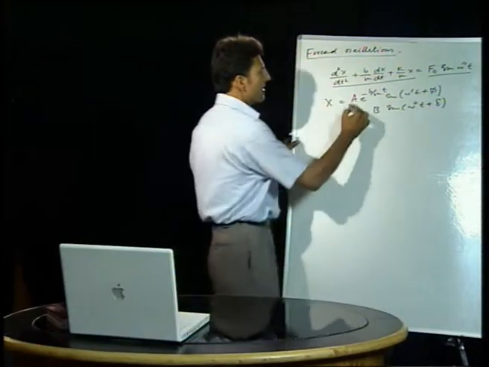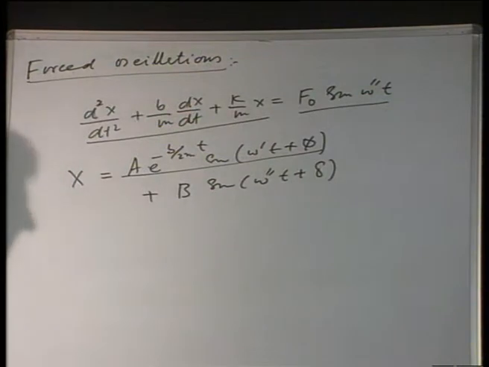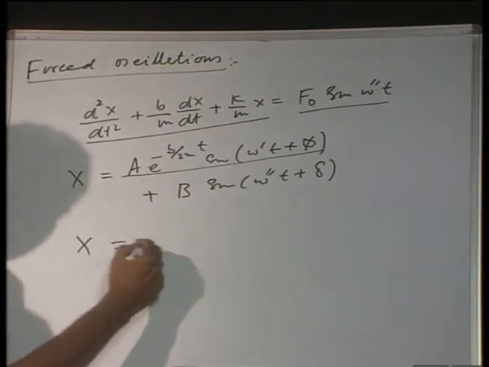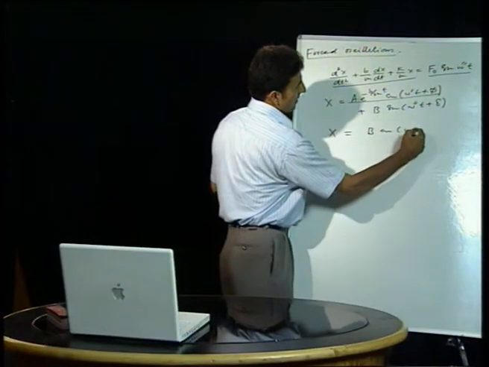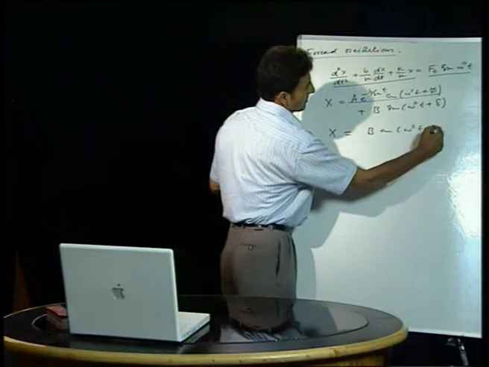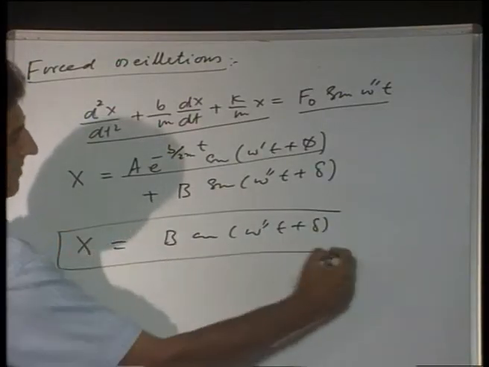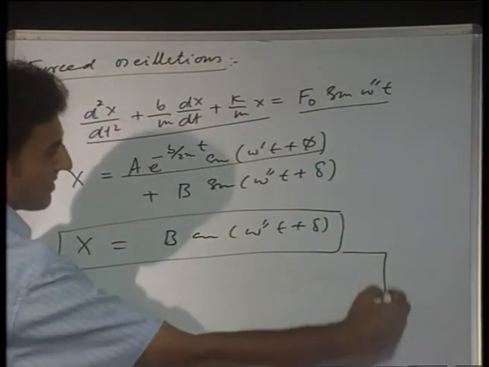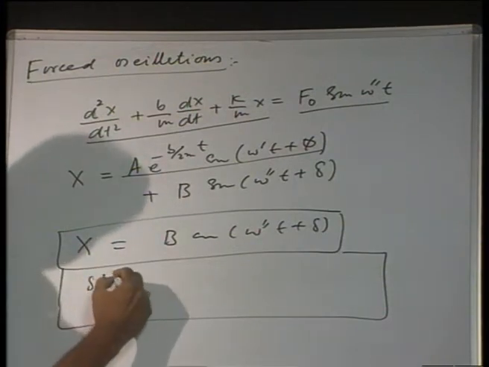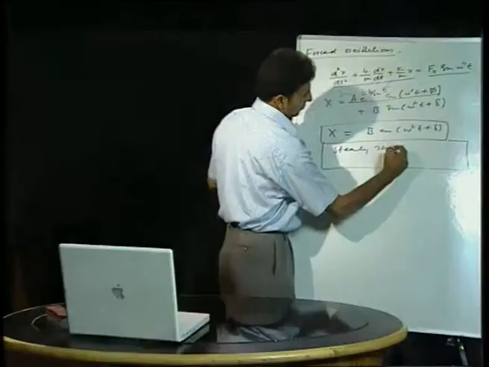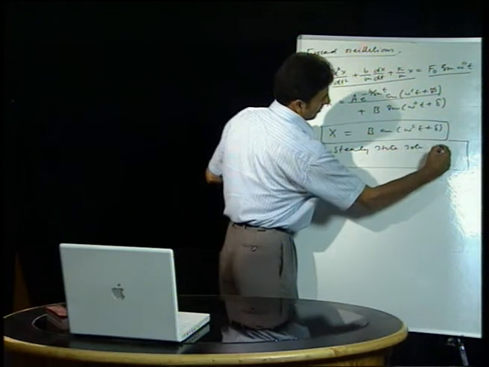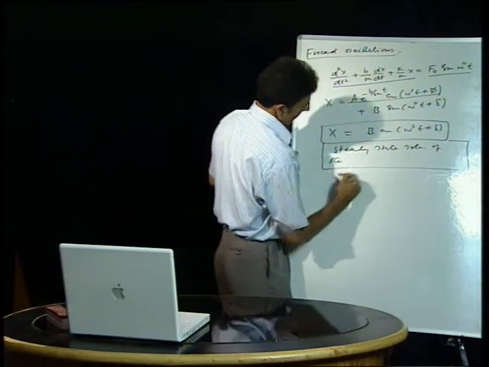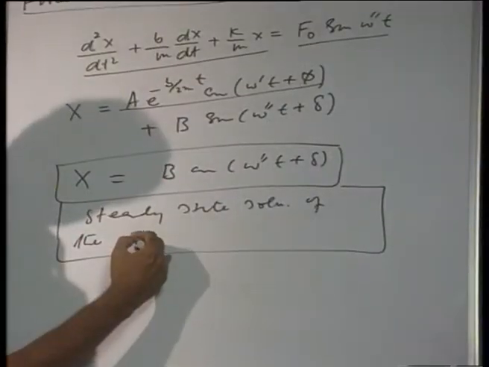This is called the transient part of the equation. The transient part of the equation will go after some time, and finally this part of the equation remains. x is equal to b sine omega double prime t plus delta. This is the steady state solution of the equation.